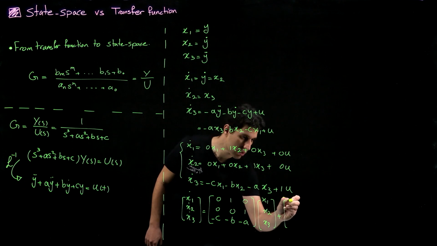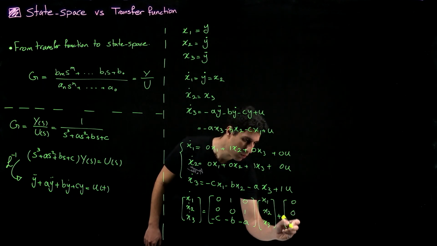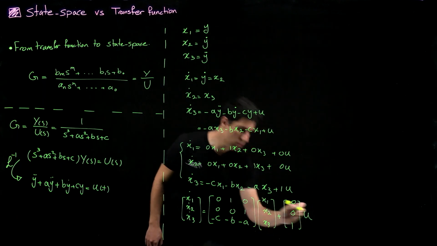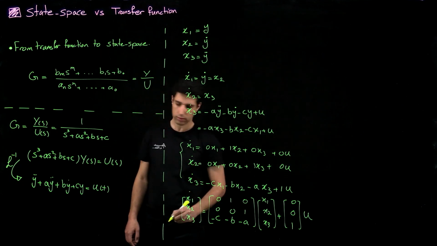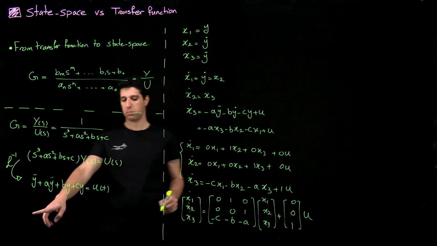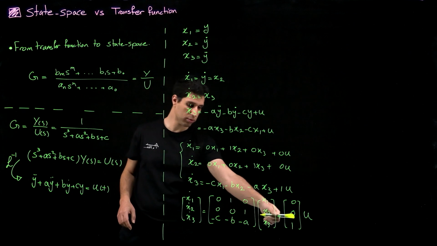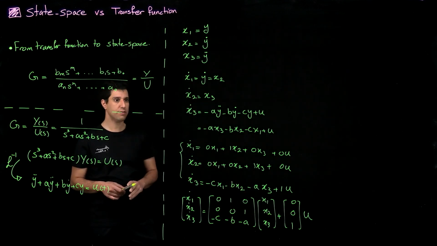My B is going to be 0, 0, 1 times u. And this is the state space form, so that is enough.